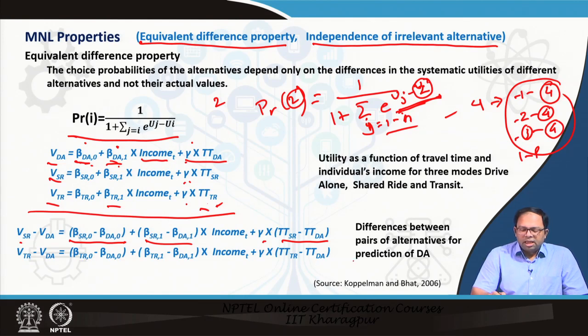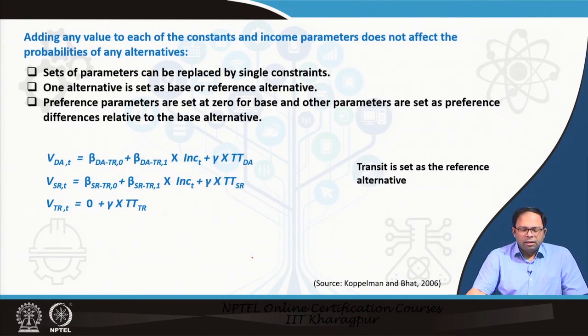So, in this way, instead of using these two parameters, I can just use a single parameter for estimating this, and we can say that this parameter is SR in reference to DA. And similarly for this one, it could be BTR in reference to DA. So, this is one parameter, and similarly here we can use one parameter. So, we just need to estimate 1, 2, 3, 4 and 5 parameters. That means we are reducing the number of parameters that need to be estimated.